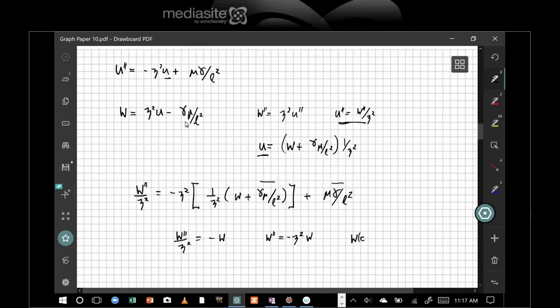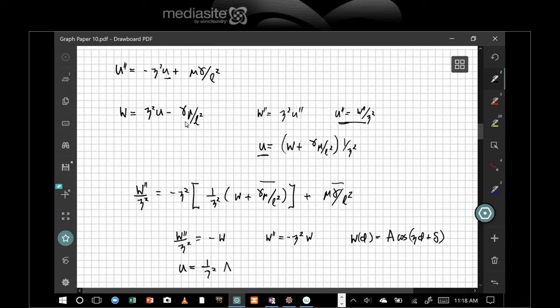A solution to that is w as a function of phi is going to be equal to, you have to be a little careful here, some constant A times cosine of eta phi plus another constant delta that depends on my initial conditions. We want to rewrite u. We can always find some initial conditions where delta is equal to 0.